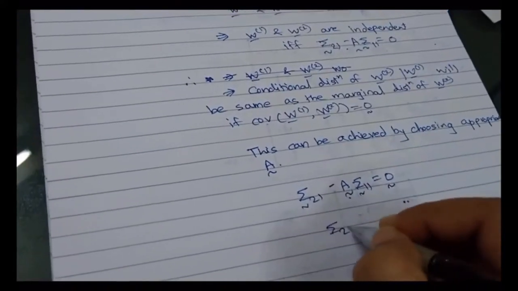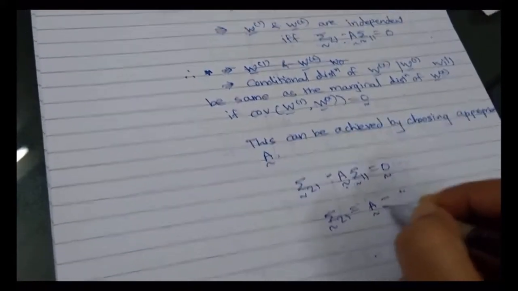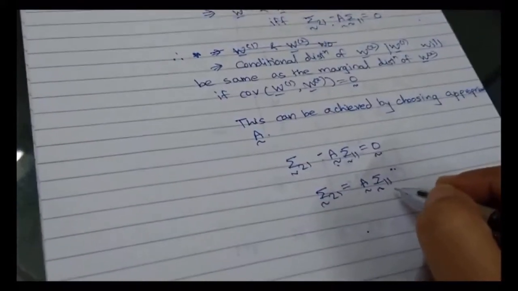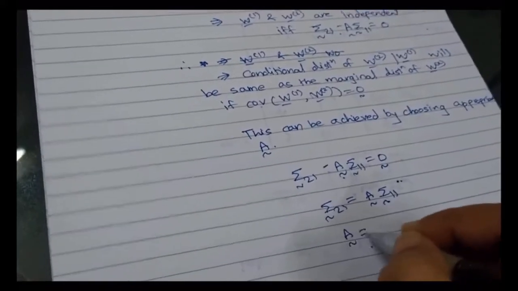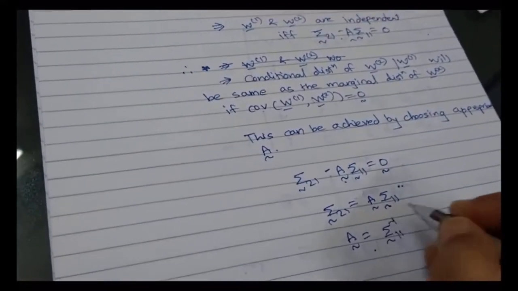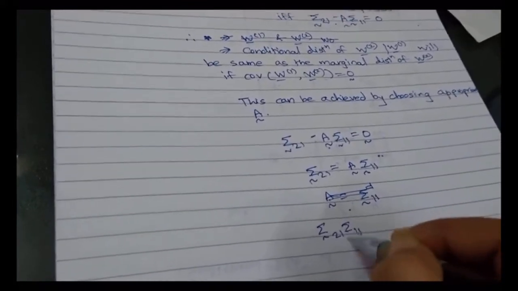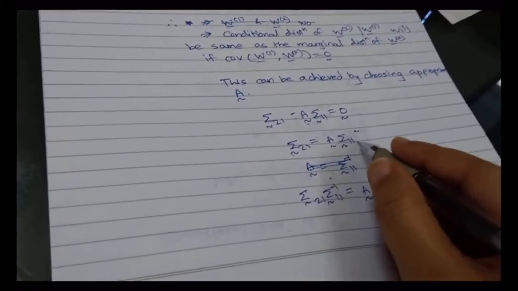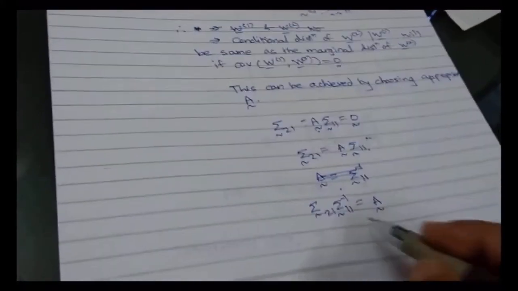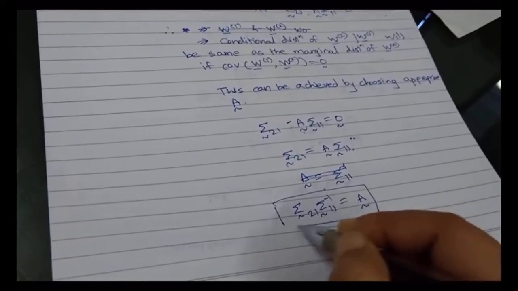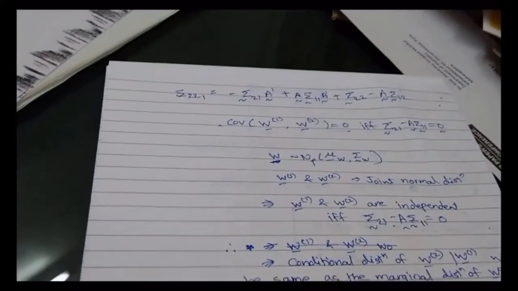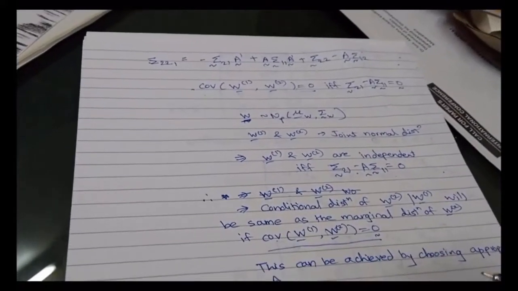So my sigma 21 should be equal to A sigma 11. Sigma 11 is going to be non-singular. So my A should actually be sigma 11 inverse. No, wait. It's matrix multiplication. So I can post multiply by sigma 11 inverse. So I'll have sigma 21 sigma 11 inverse is equal to A. I'll multiply by sigma 11 inverse, so it becomes the identity matrix. So with this choice of A, I can make the components independent and my life would be easy.